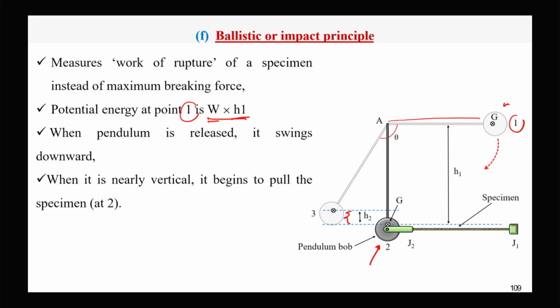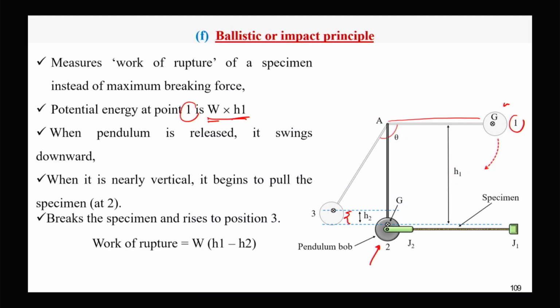It's a rest position, and then it will swing further and reach point 3 as we have seen. So work of rupture is h1 minus h2 multiplied by W, the weight.